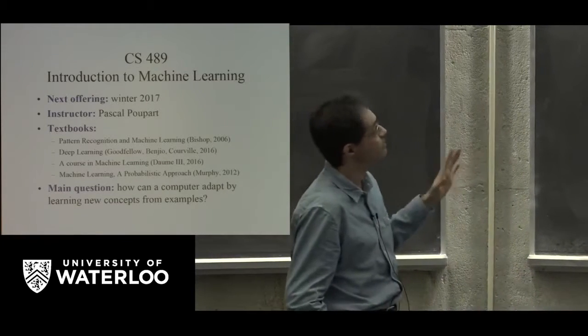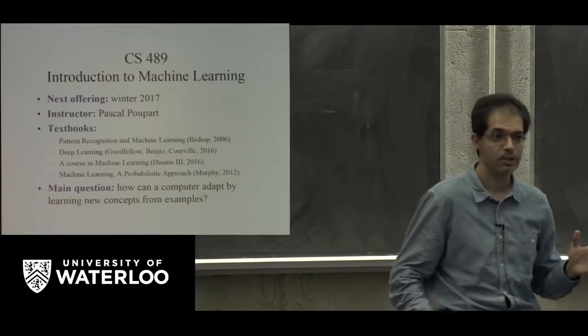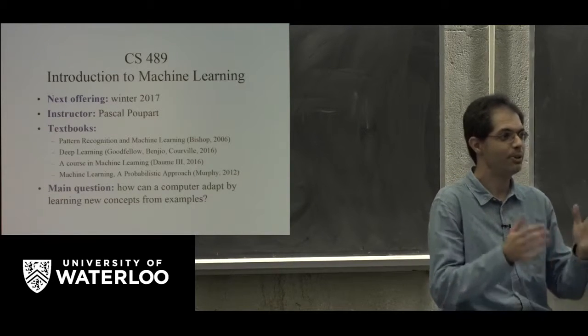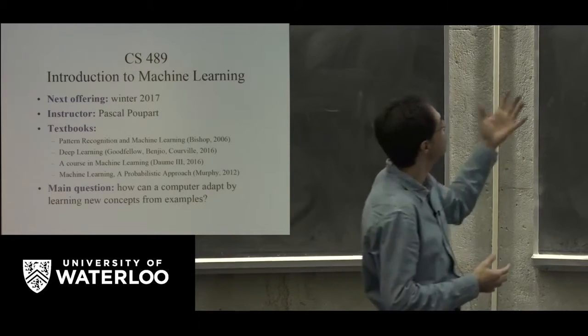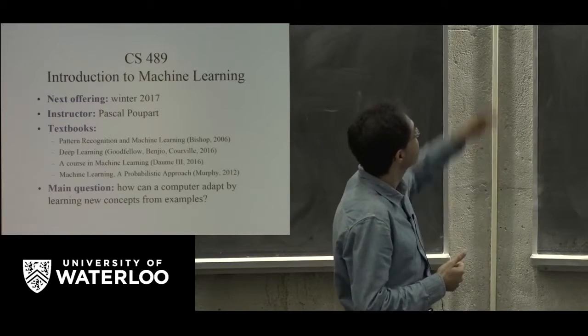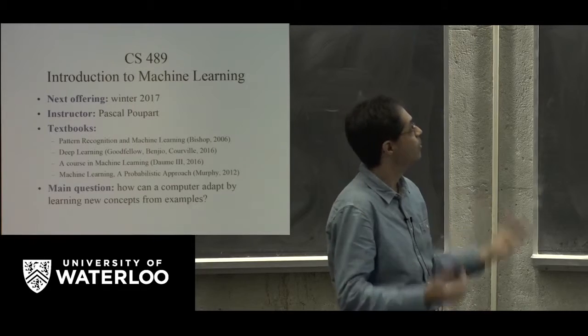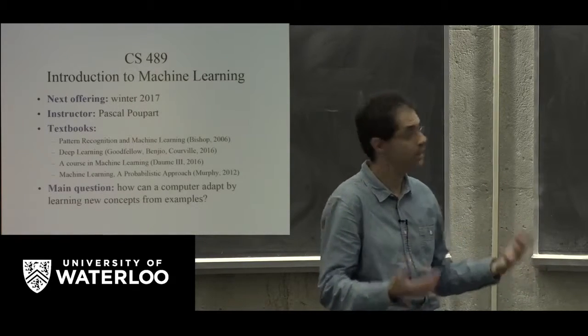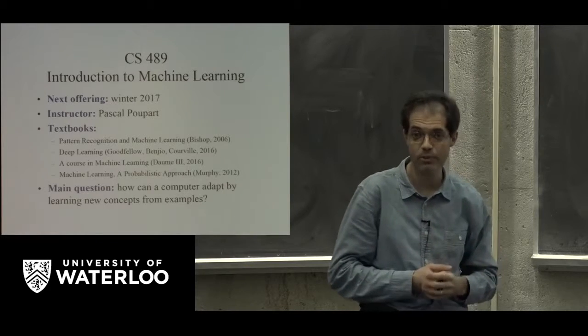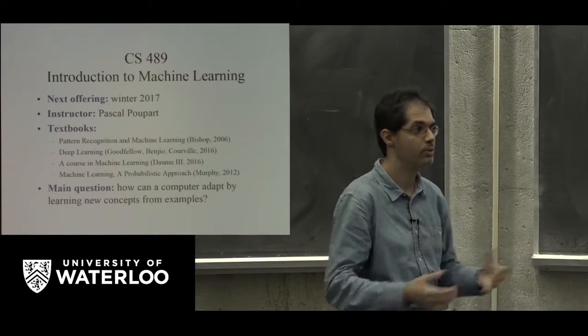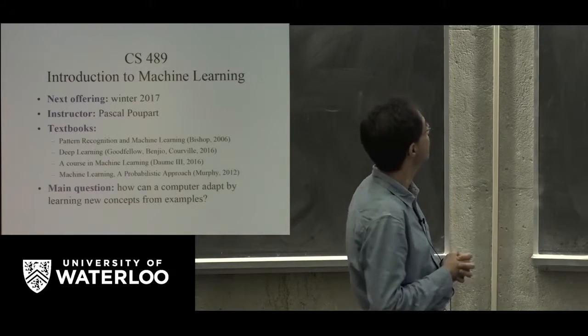Now, there's several textbooks we're going to consider. The problem is that there isn't a perfect textbook that contains everything at the right level. So we're going to use several of them. Pattern Recognition and Machine Learning is a good textbook. However, it's a little bit outdated, but it's still very good, so we'll use that one. Deep Learning is very new. It reflects some of the recent advances, so we'll make use of that one too.